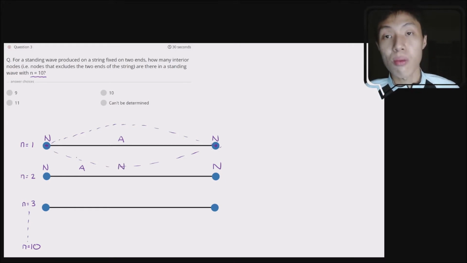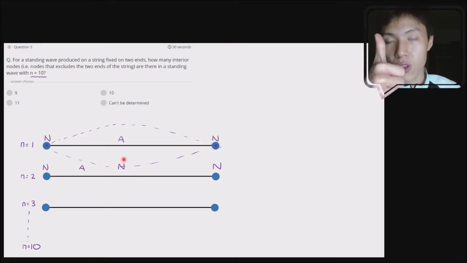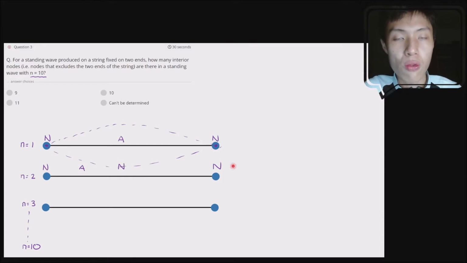You know there's an antinode in between these two nodes, then it's good already. But in here you have two nodes side by side, so therefore you need to introduce an antinode in here. Then that will be the next simplest standing wave that you can produce.